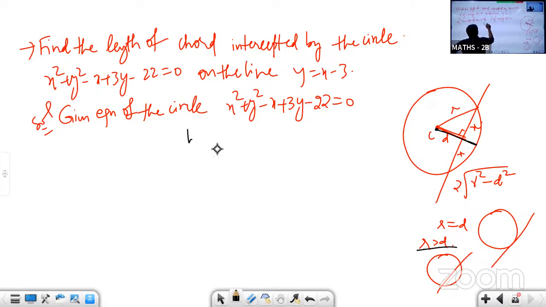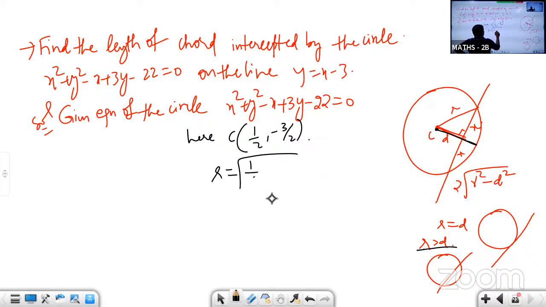So here, directly I am writing the center: 1 by 2 comma minus 3 by 2. Radius r is under root of 1 by 4 plus 9 by 4, that is g square plus f square minus c, minus into minus plus 22.